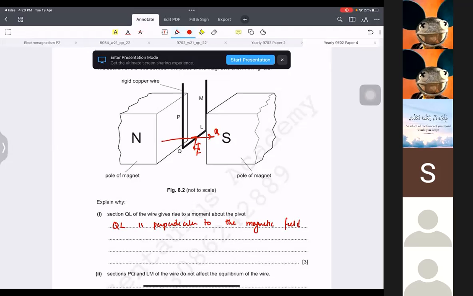And so there is a force acting onto this side. Then the force is downwards, and gives rise to a moment about the pivot. Section QL of the wire gives the moment.